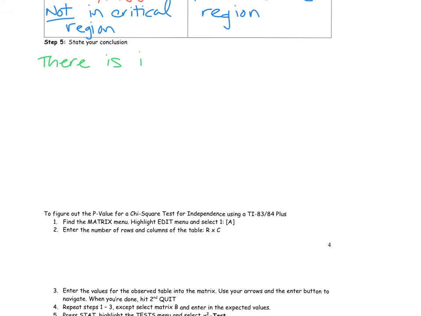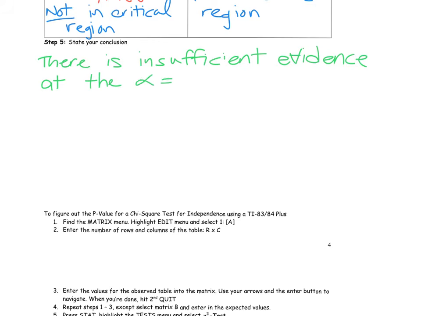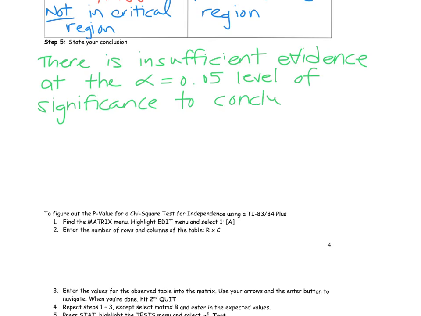We have insufficient evidence to support the alternative at the alpha equals 0.05 level of significance to conclude the alternative statement, that the variables are dependent.